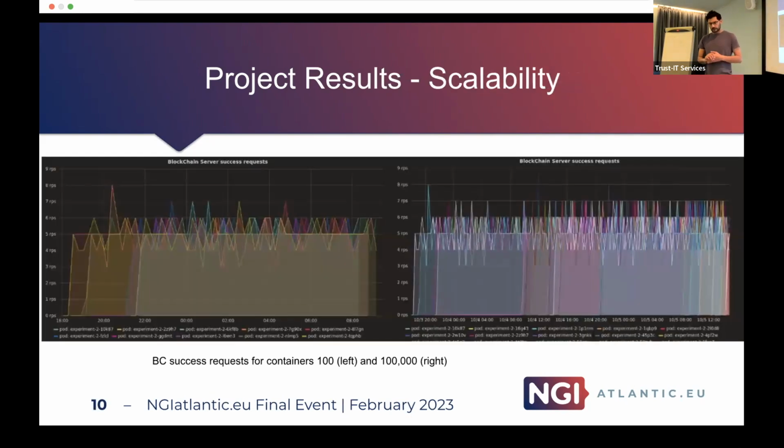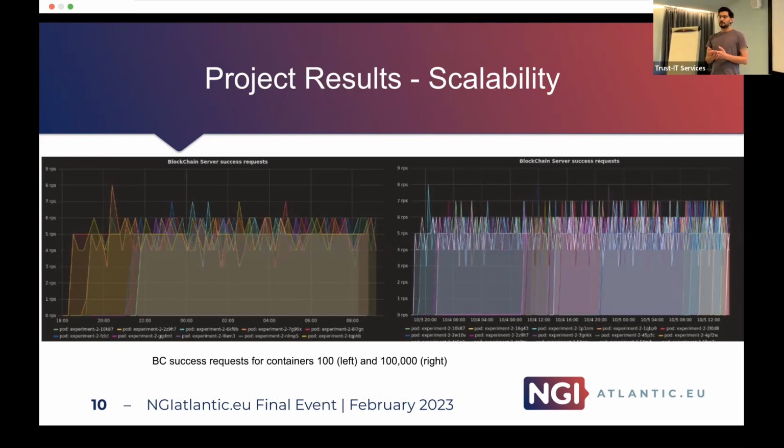And finally, it's about the scalability. Here again, it's the successful requests from the blockchain server. On the left side it's 400, and on the right side it's 100,000 devices. In each container application we had 10 threads running, and these 10 threads would act as 10 devices.